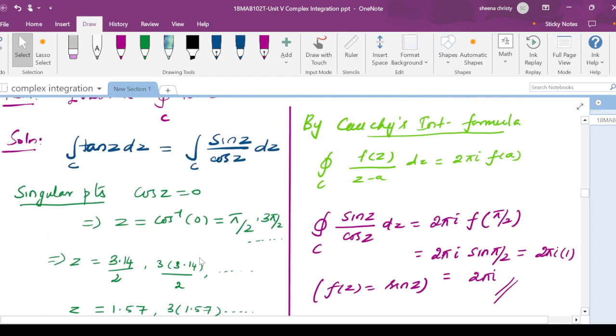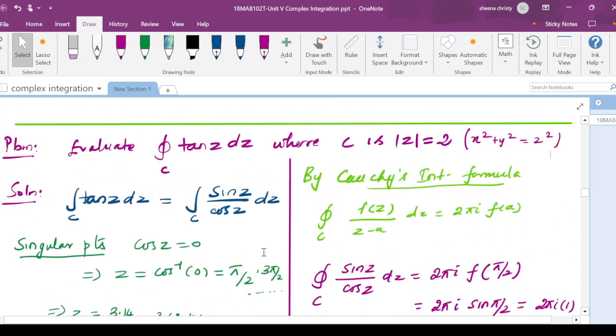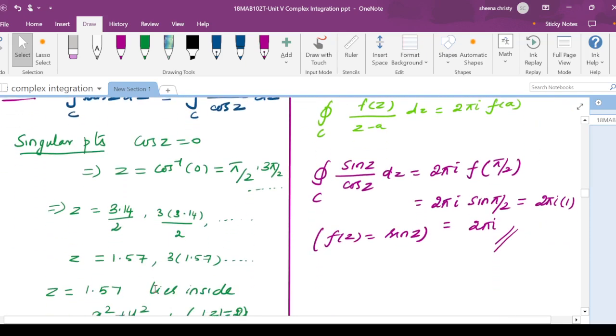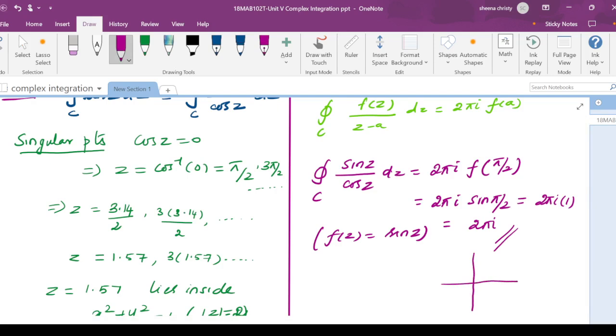So definitely we can say that the point 3 times 1.57 is going to lie outside the circle C. Here the circle is nothing but a circle with center 0, 0 and radius 2.